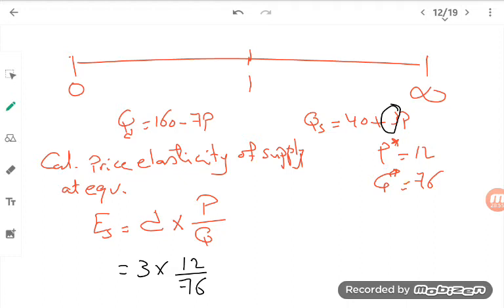It's 0.47. So in this case, the supply is inelastic.